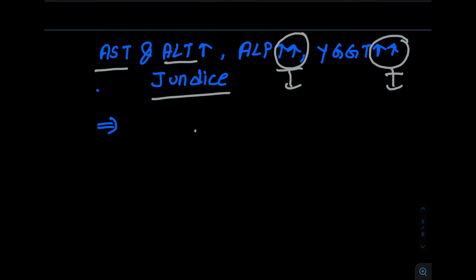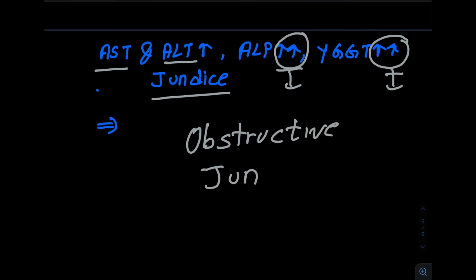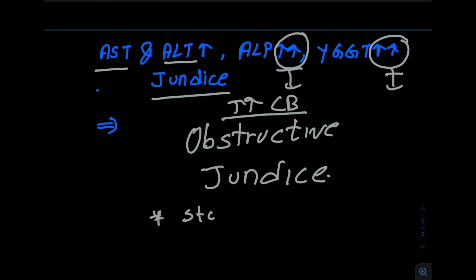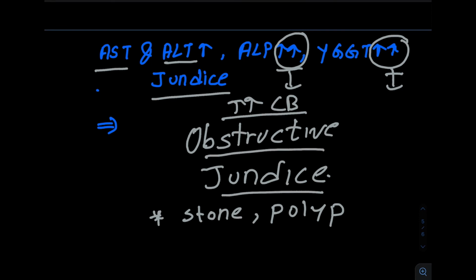That is known as obstructive jaundice. In obstructive jaundice, one important concept is that there is an increase in the level of conjugated bilirubin. This can be due to a stone, a polyp, or carcinomatous changes. Anything can be the reason that gives rise to obstructive jaundice.